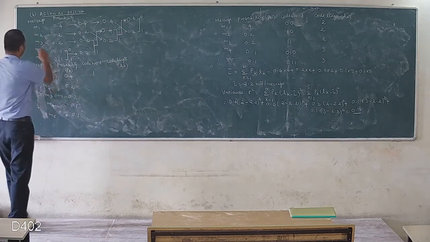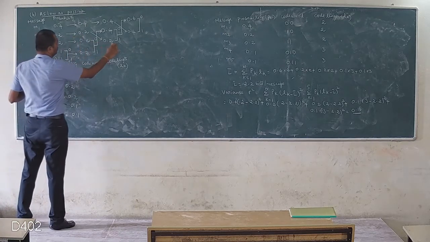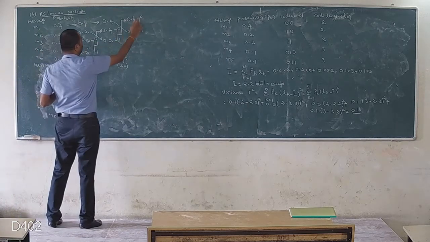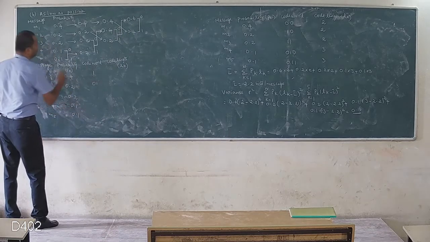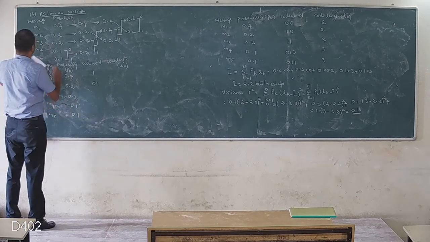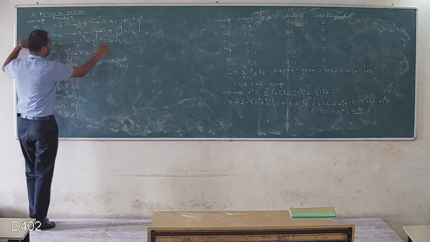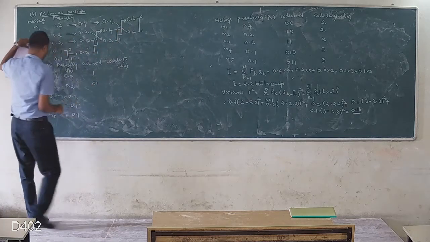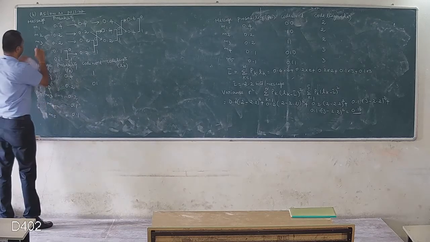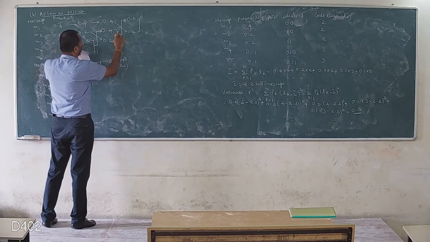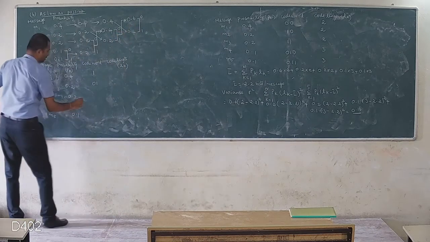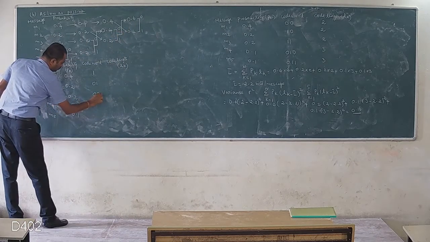For M2, we have been assigned 1, then 0. If I write it in reverse order, we'll get 0, 1. I'll repeat again. For M2, 1, 0, so 0, 1. For M3, 0, 0, 0. If you write it in reverse order, again 0, 0, 0 only.